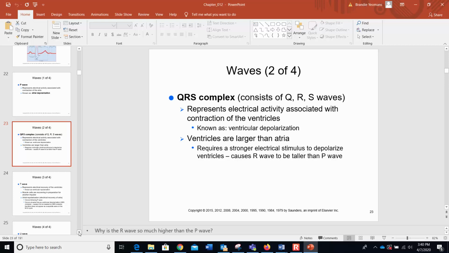Okay, so the P wave was atrial depolarization. The QRS complex is known as ventricular depolarization. And with this, the ventricles are actually larger than the atria. We got to keep that in mind. So they require a stronger electrical stimulus to depolarize the ventricles, which causes that R wave to be taller than the P wave.